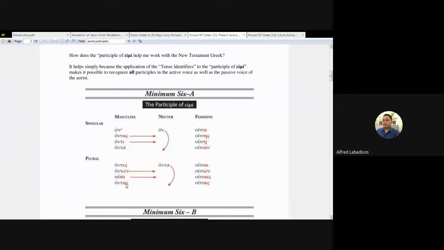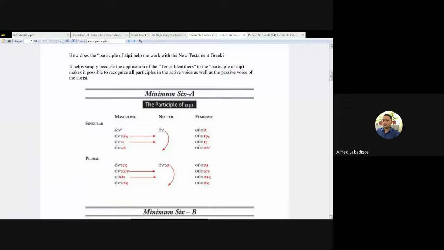So they have the same endings as the third declension. Remember, for the masculine nominative we don't have an ending. Then for the genitive, we have ontos, and so on.